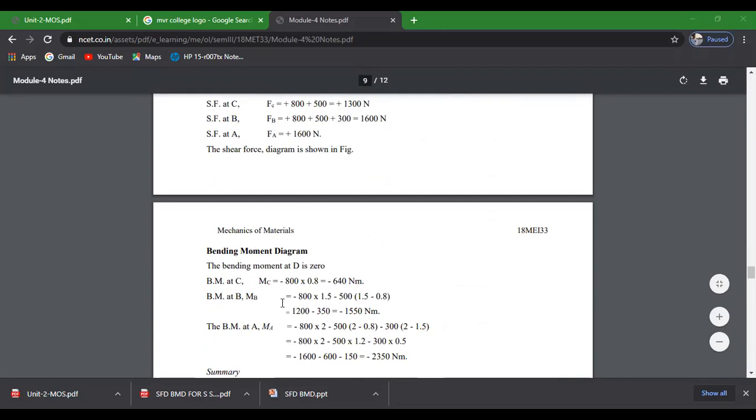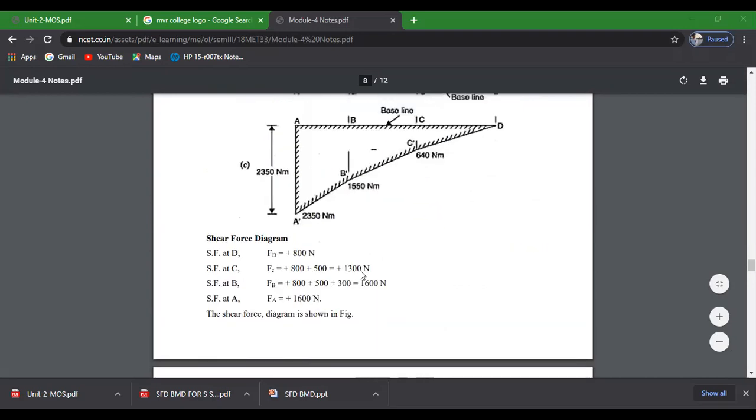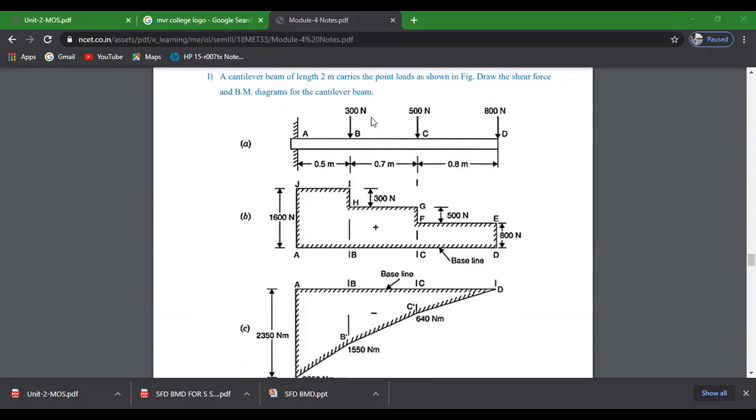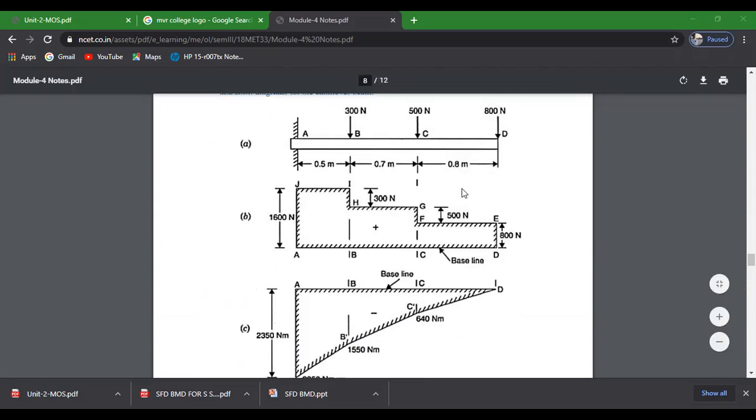And the bending moment at the point B is equal to the previous bending moment, which is 800 multiplied by 0.8 meters, and for the 500 we don't have any distance here.